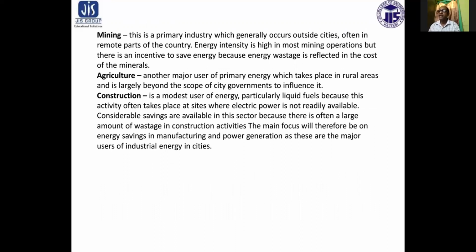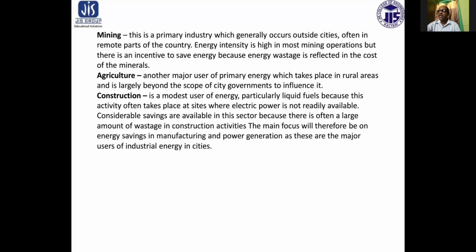Mining industry is also a major source of industry where significant energy is used. It is a primary type of industry which generally occurs outside cities, often in remote parts of the country. Energy intensity is high in most mining operations, but there is an incentive to save energy because energy wastage is reflected in the cost of minerals.